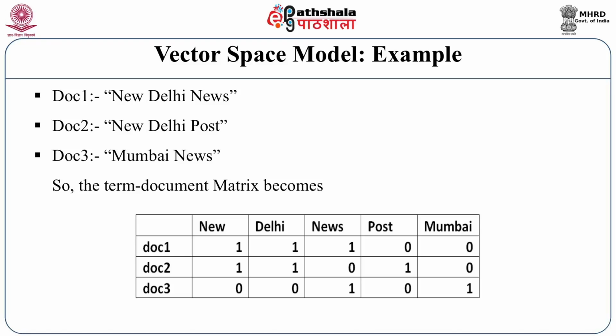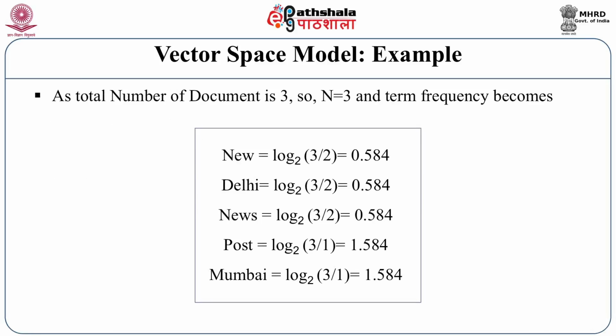Okay, now first I will calculate the inverse document frequency of each term. First the index term is new. If you look at the documents, new has occurred in document 1 and document 2, and the total number of documents is 3. So the inverse document frequency value for new will be log of 3 by 2 base 2, which is 0.584.